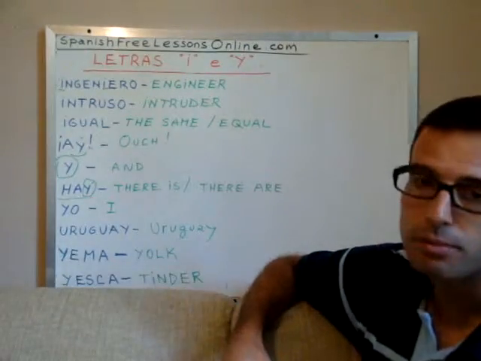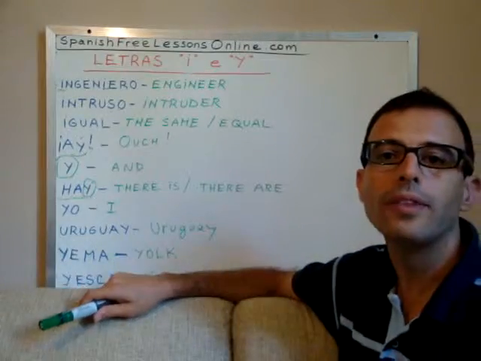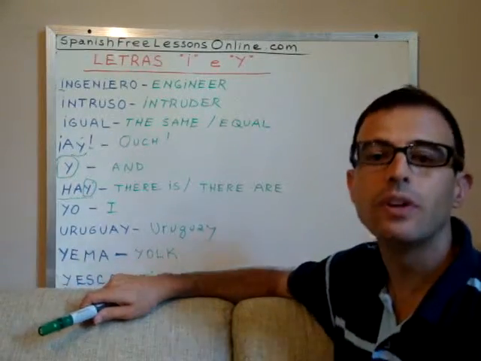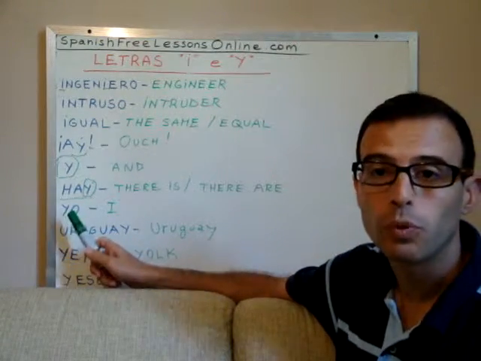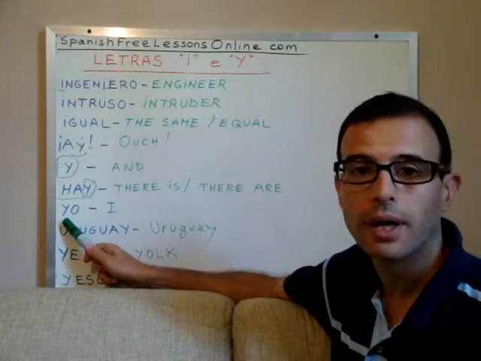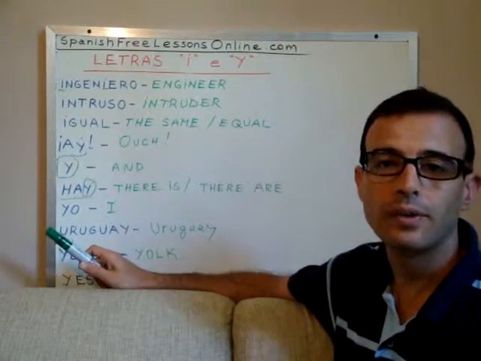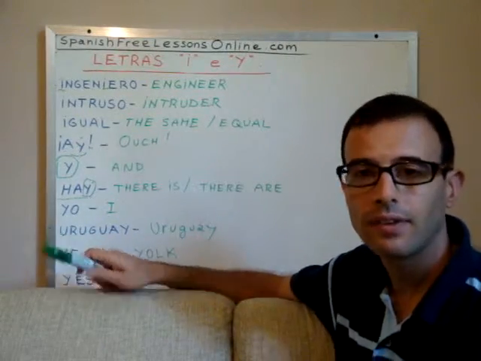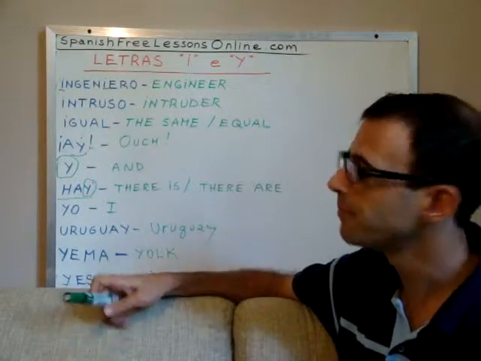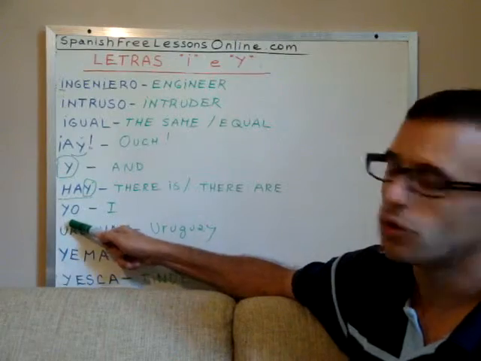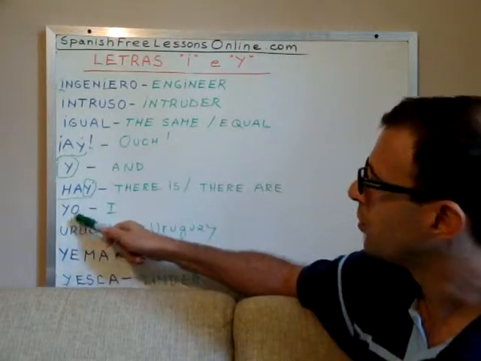Here we have a different pronunciation of the letter Y, okay? When the Y is not at the end of a word, but it's followed by a vowel, okay? Then the letter Y always has this other pronunciation, like the English Y, okay? Like here, yo. This is yo, I, okay? Yo.